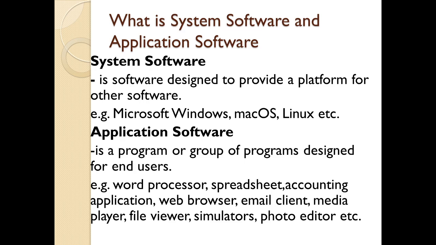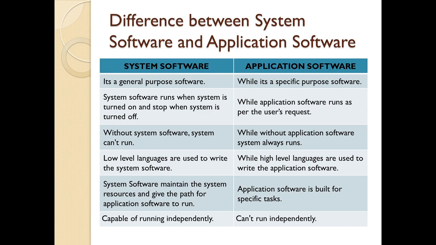Application software is a program or group of programs designed for end users. For example, word processor, spreadsheets, accounting application, web browser, email client, media player, file viewer, simulators, photo editors. There are so many application software available which are used by end users and supported by the system software.